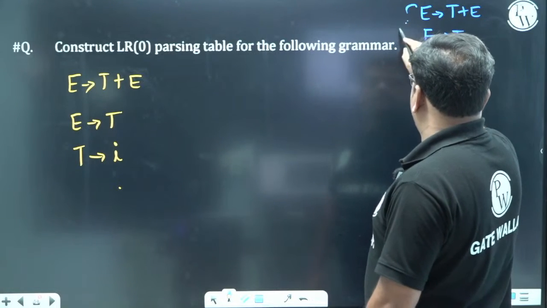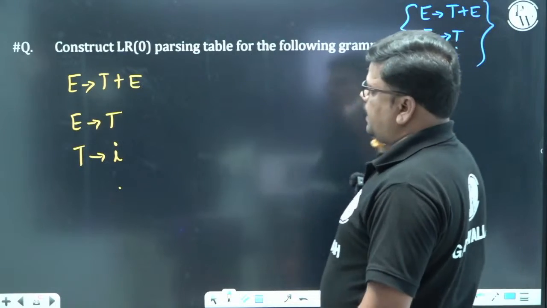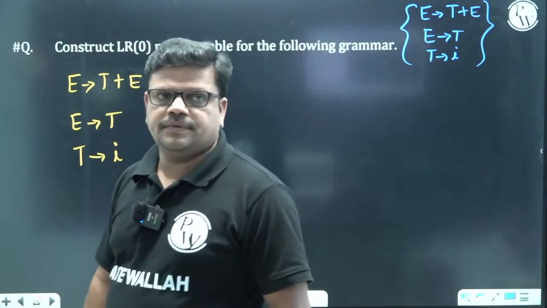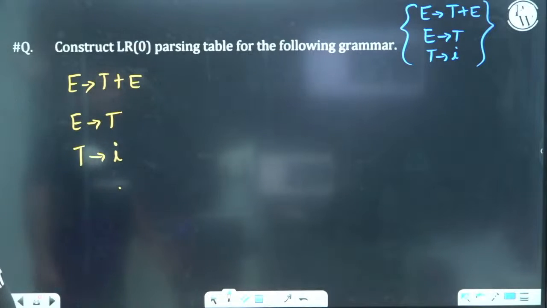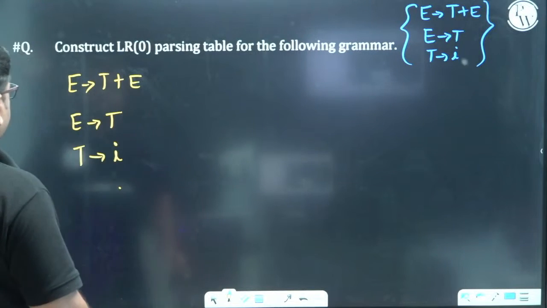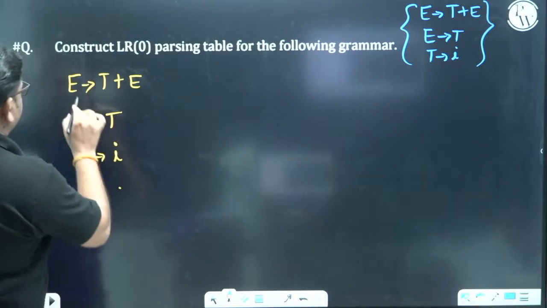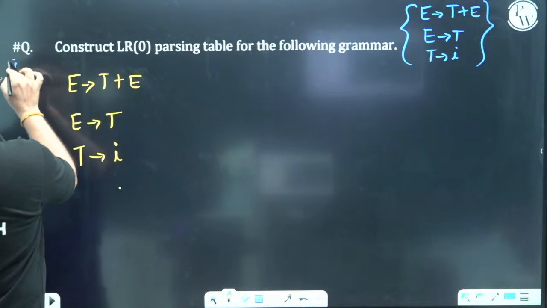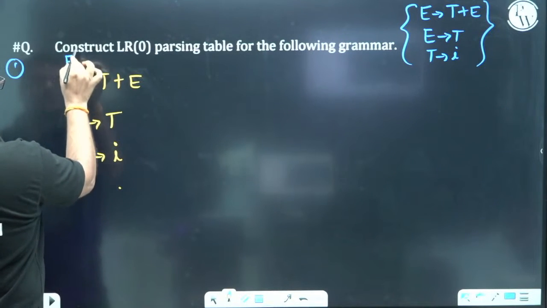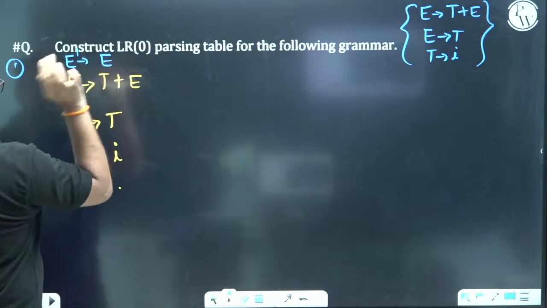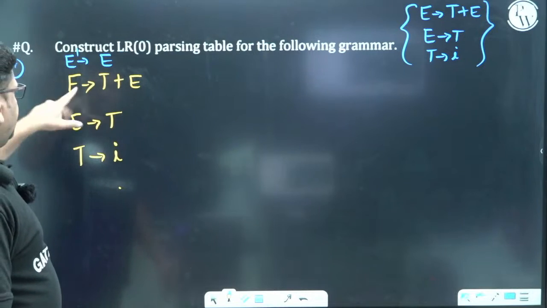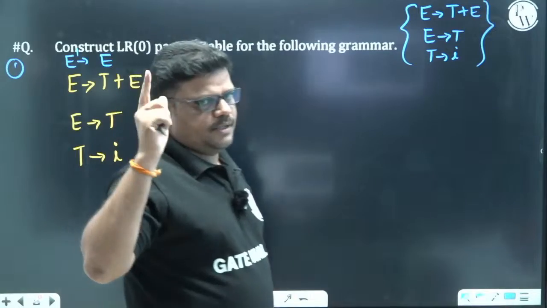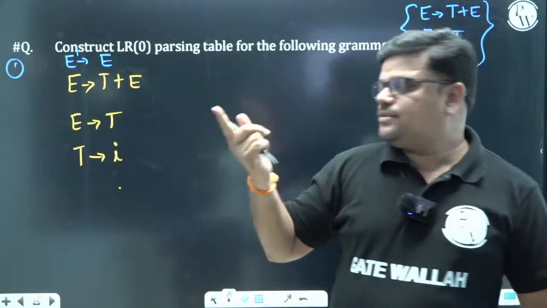This is the actual given grammar. So what is the first step? The first step here is to construct the augmented grammar. First, the augmented grammar, E dash to E. What is the starting symbol of this grammar? E. Whatever is there in the first position, that is the starting symbol.